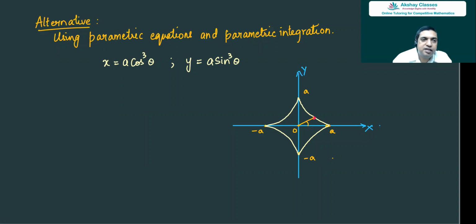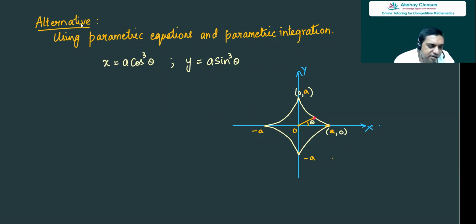This angle is theta. So when theta is 0, you get the x coordinate of the point as a, y coordinate of the point as 0. So you get this as a comma 0. When theta equal to pi by 2, we get x as 0 and y is equal to a. So we get this point, and theta is pi by 2. Okay, there's a parametric representation.